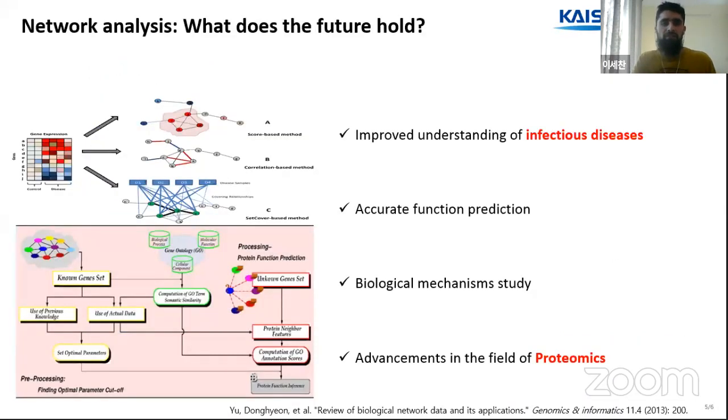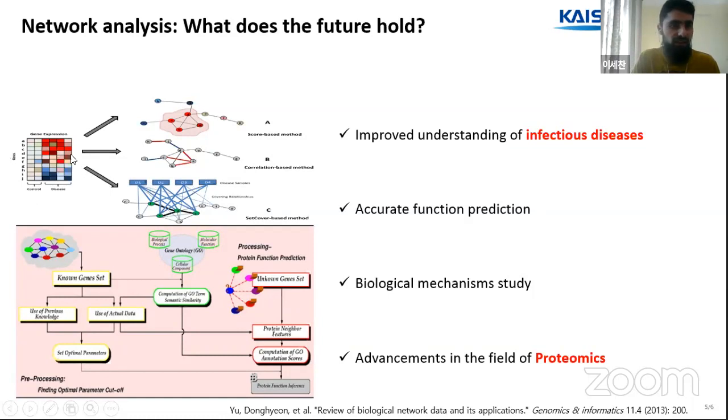So what does the future hold? We can clearly understand that network analysis has a bigger role to play in the study of infectious diseases. Through this approach, we can improve our overall understanding of infectious diseases.